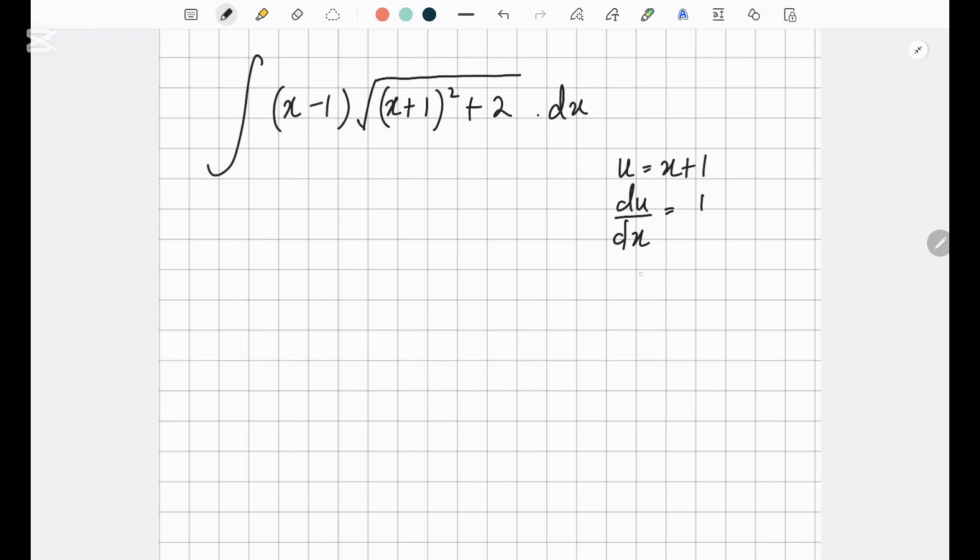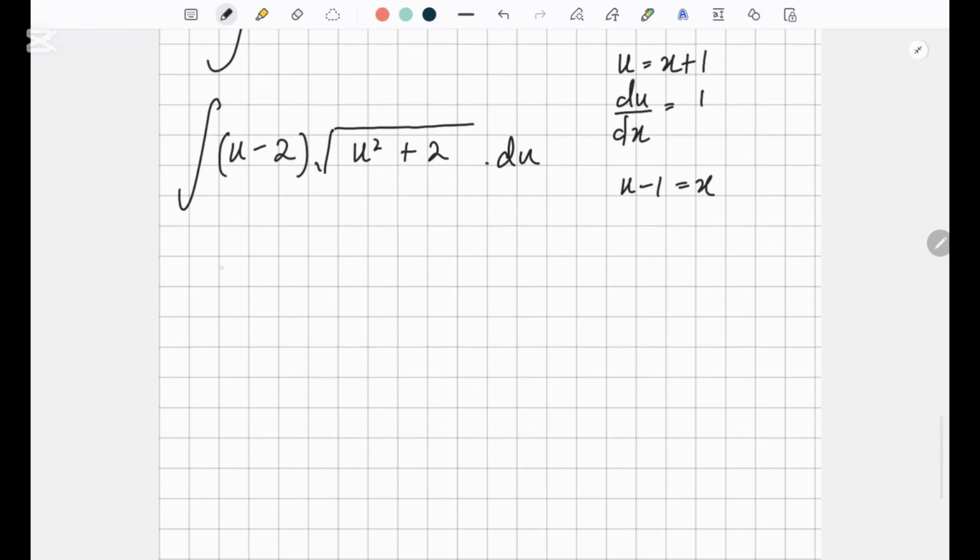So if u equals x plus 1, what's x minus 1? So u minus 1 equals x, right? So then u minus 2 into root, instead of x plus 1, I'm going to write u squared plus 2 dot du.